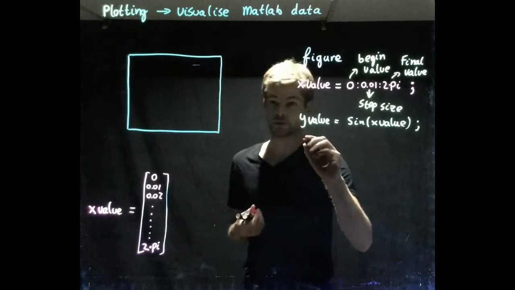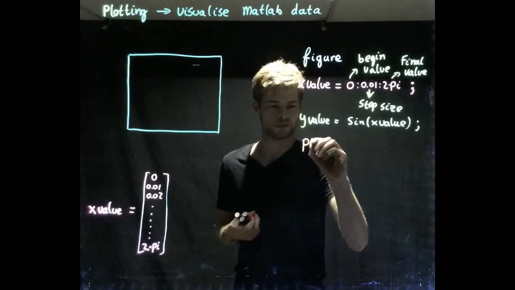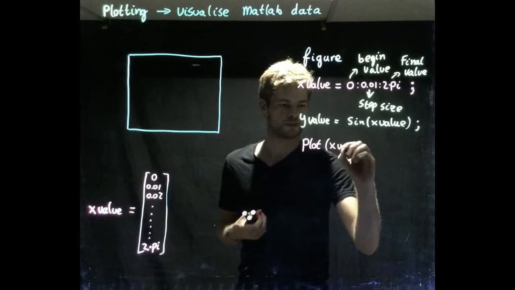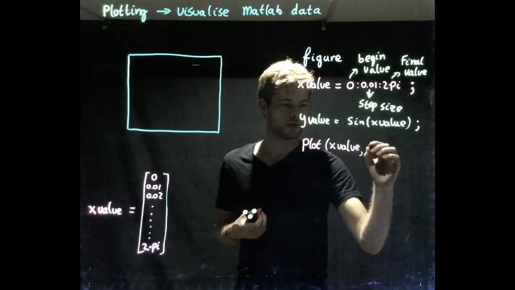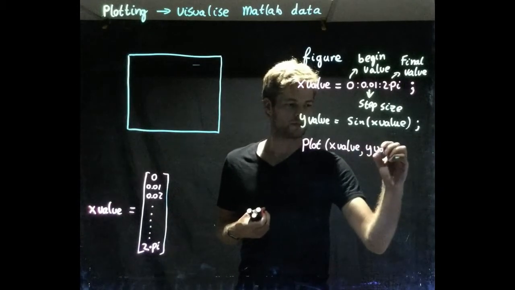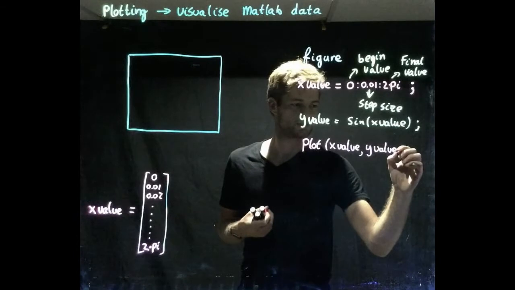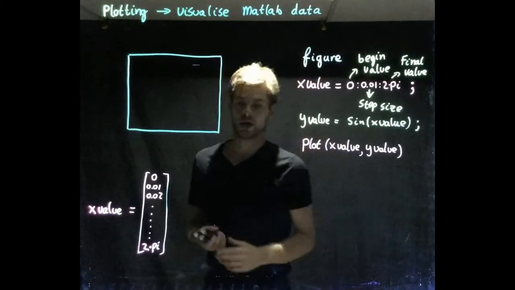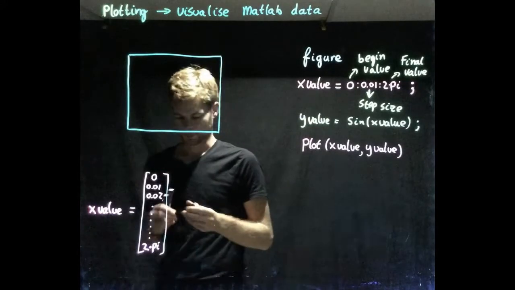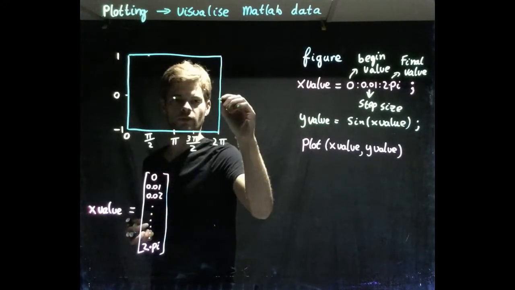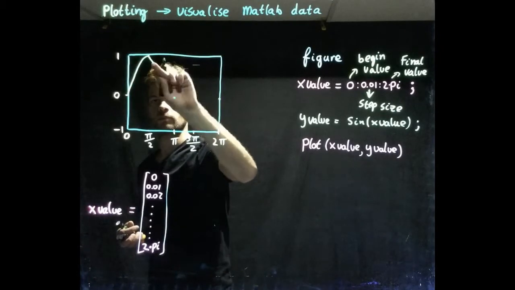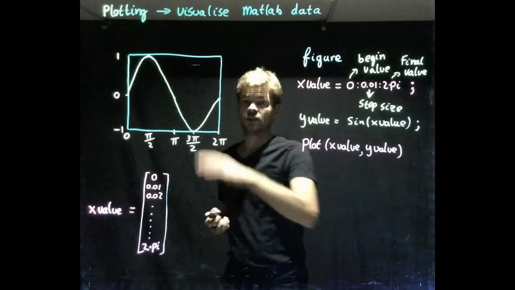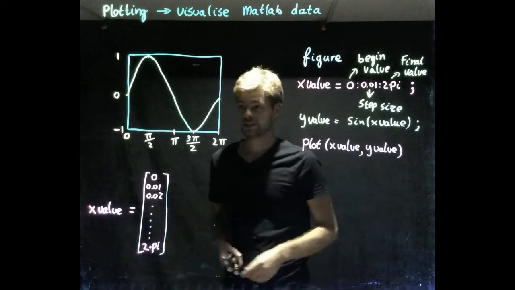So I'm going to run the command plot x value, y value. And when I run this command, this is what will happen. So this is the sine wave I've actually created.